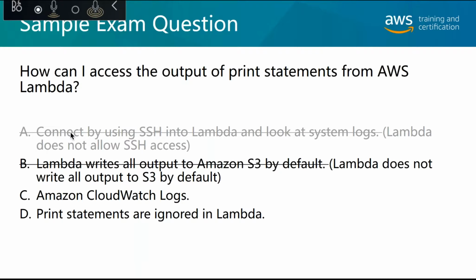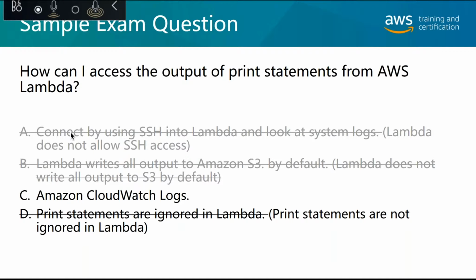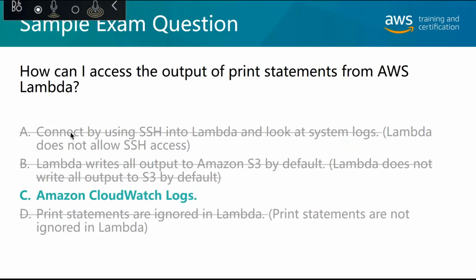Now, Lambda writes all output to S3. That is not correct. And print statements are ignored. No. You could actually have print statements in your Lambda function, and it's actually good practice because you'll get more information in your CloudWatch logs.